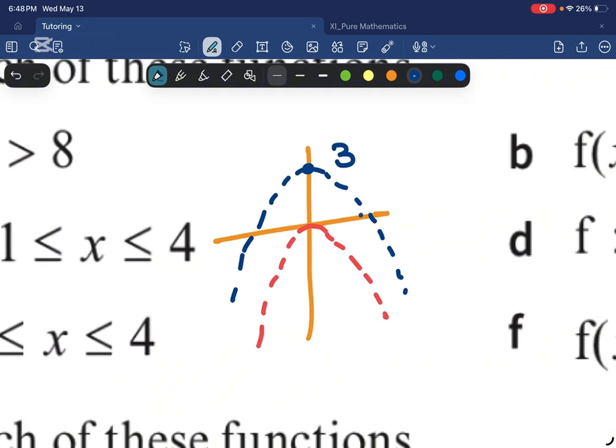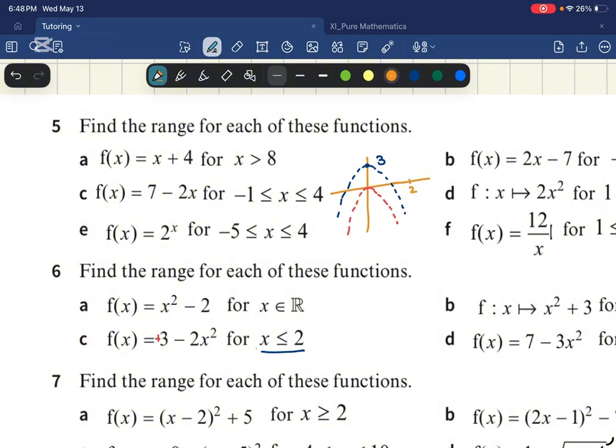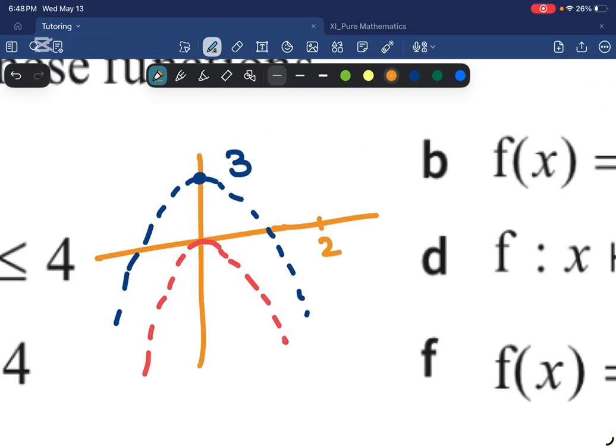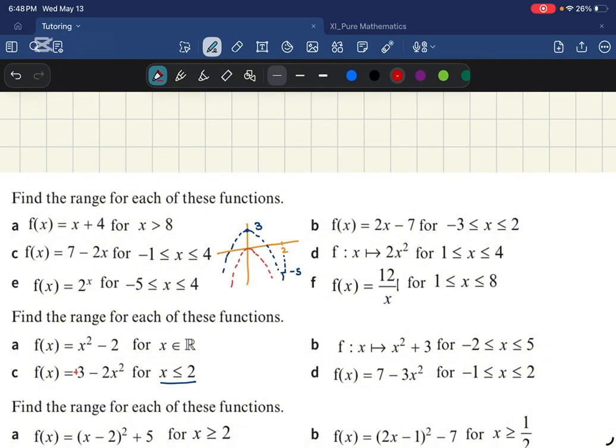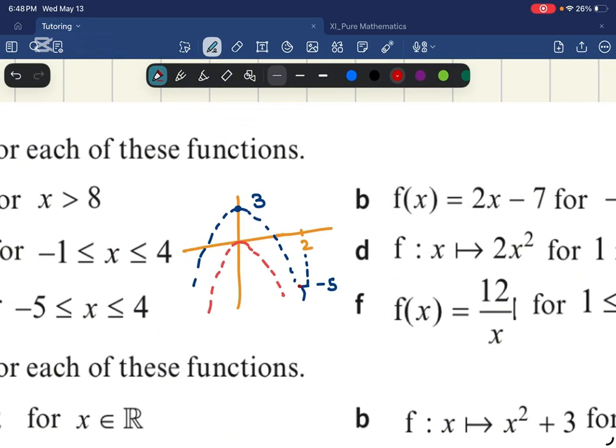So if x is equal to 2, then I get 3 minus 8, which is negative 5. So I get something like negative 5 here. And the condition is that x is less than or equal to 2. So I have a range of values like this, right?